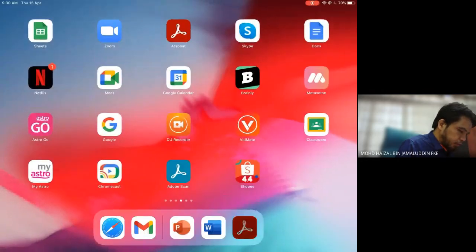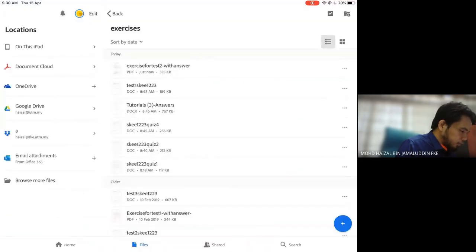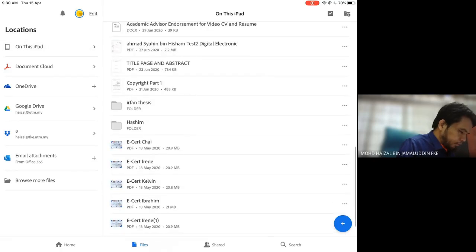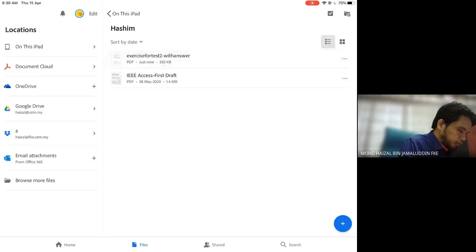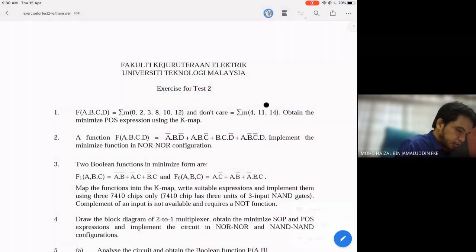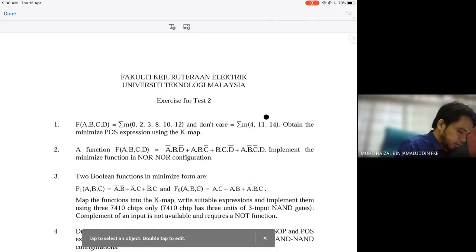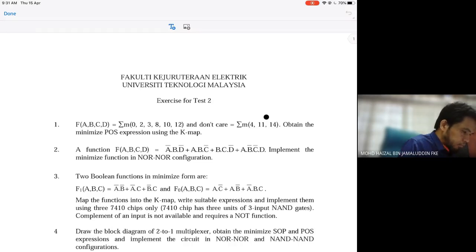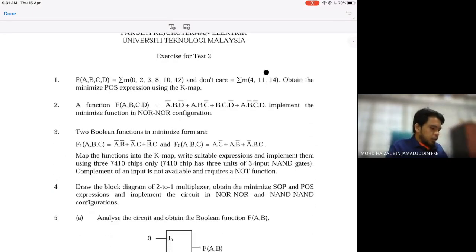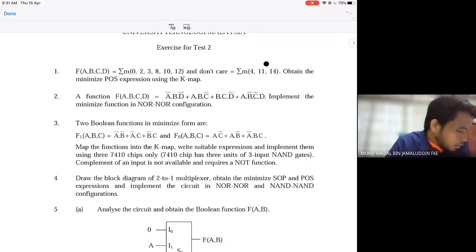Okay, kemudian saya buka PDF. Dia scan. Okay, supposed to be now can edit. Tak boleh juga. Okay, tak apalah. So we just go through. So kalau tak bagi nak conteng-conteng.